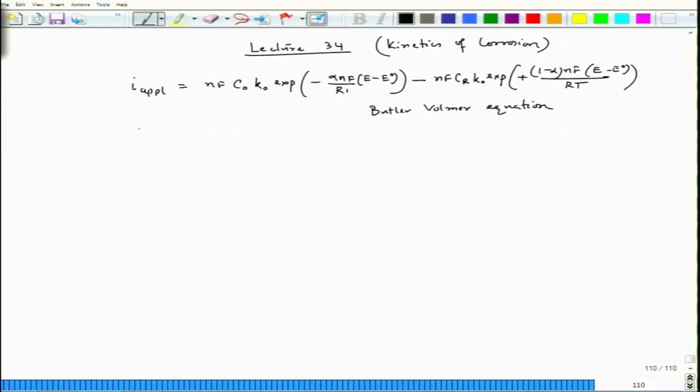Nernst equation. Now, we can do a little bit of redistribution of this entire formula.